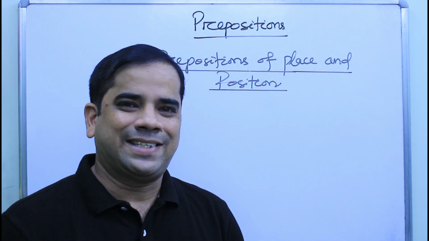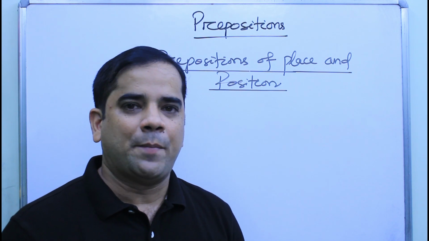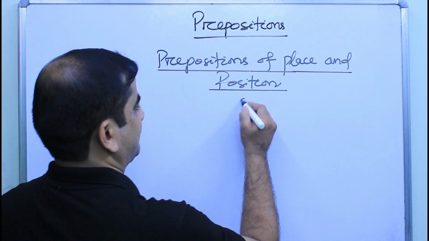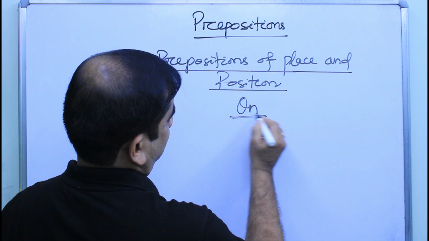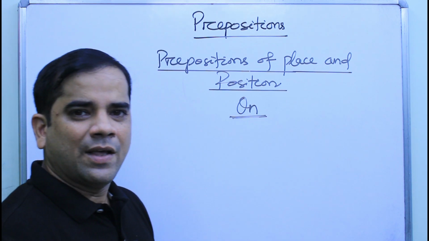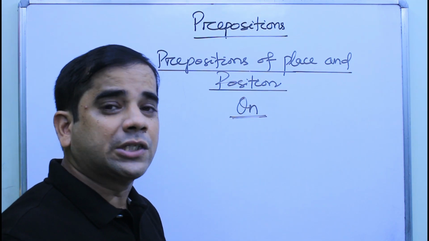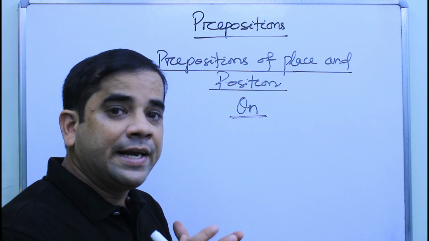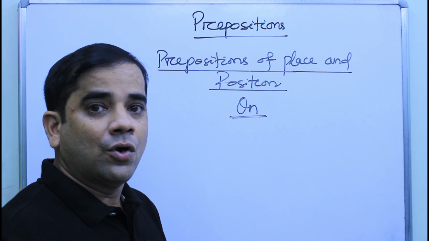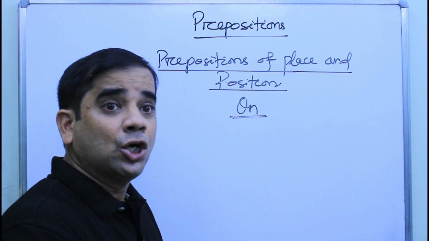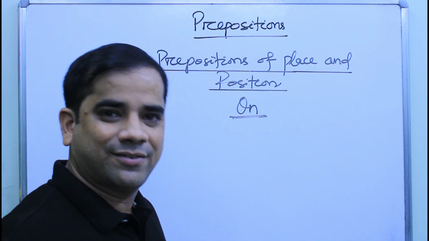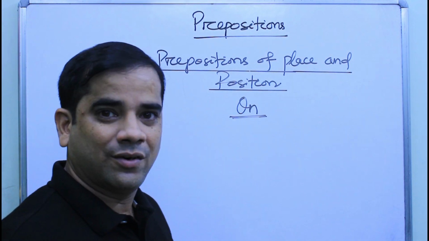Students, let us now discuss preposition on. Preposition on shows the position of a noun or pronoun with respect to a two-dimensional surface, for example, floor.